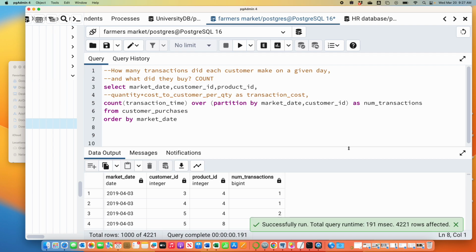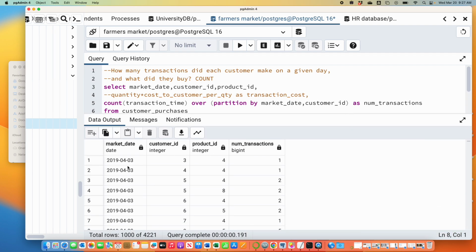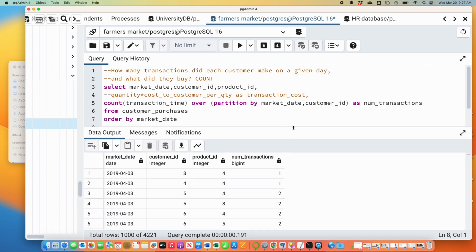Okay, so check out what it shows me. It says on April 3rd, customer 3 bought product 4, and they made only one transaction. So let's look at these 2s. Oh, sorry, do I need to scroll down? Can people still see the query? Okay, you see here it says num transaction 2. And look, customer 5 bought product 4, customer 5 bought product 8. So it's not just showing you that there were 2 purchases made, it's showing you exactly what happened.